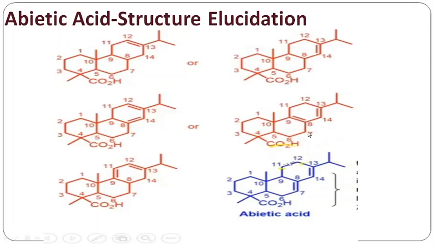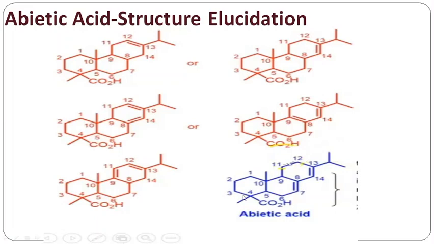So the only possibility for the double bond is 7 and 8 in abietic acid, resulting in the formation of a heteroannular diene. You can see there is a conjugated double bond here, and a heteroannular system is present. One double bond is present in ring B and the other double bond is present in ring C, which also justifies the chemical reactions which we have studied so far.